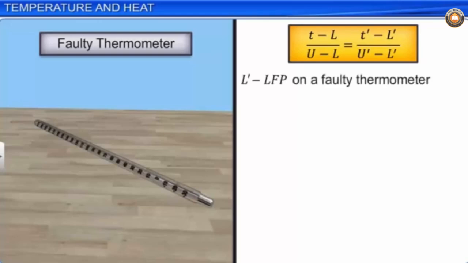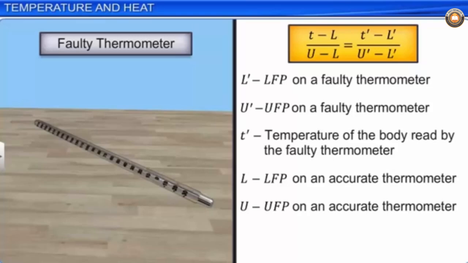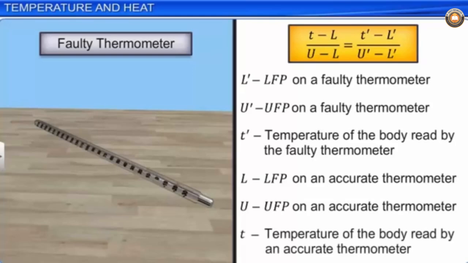If L' is equal to LFP on a faulty thermometer, U' is equal to UFP on a faulty thermometer, T' is equal to temperature of the body read by the faulty thermometer, and L is equal to LFP on an accurate thermometer, U is equal to UFP on an accurate thermometer, T is equal to temperature of the body read by an accurate thermometer.